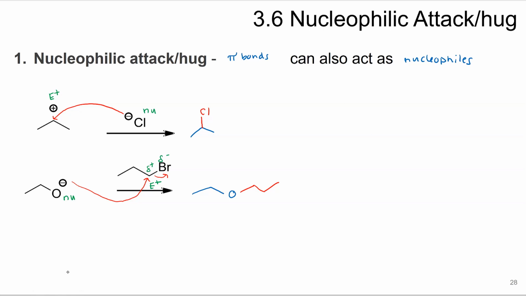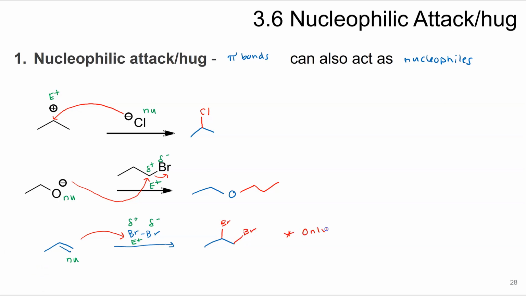So we also mentioned that pi bonds can be nucleophiles. In this situation, the pi bond is the nucleophile. This is a molecule that can induce itself to having a polar bond. So this is our electrophile, so the nucleophile can attack there. And after a few steps, we'll get both Brs across the double bond.